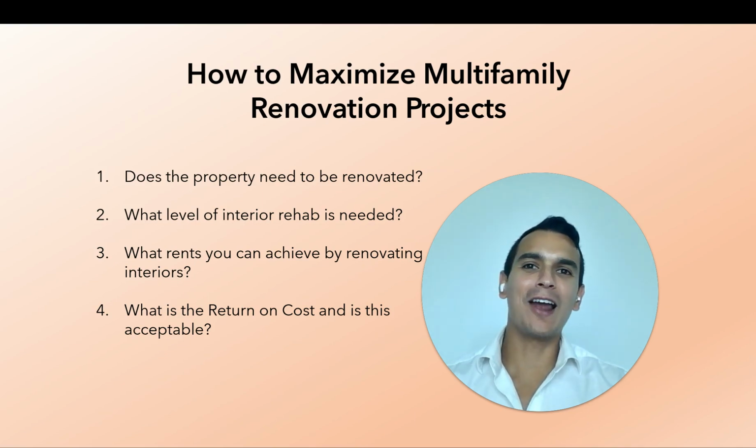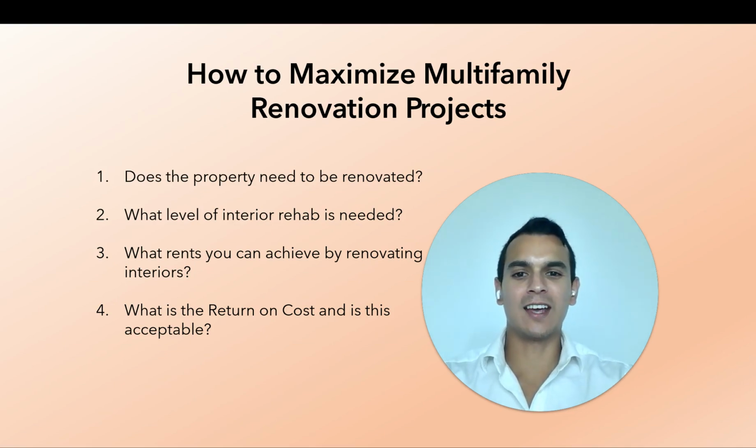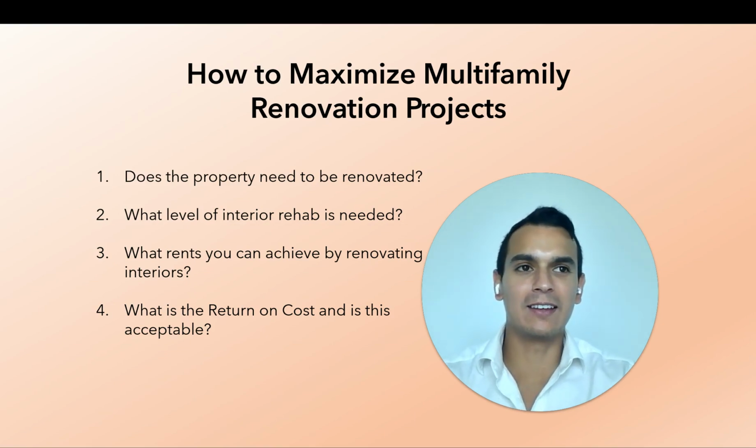So the way I like to think about this is completely separate, the building and the current rents you're getting from it, to the rehab project and the additional rent you would receive by being able to get higher rents with the renovated unit.